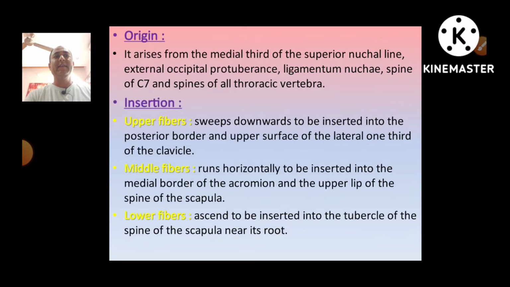The upper fibers run downwards to be inserted over the lateral third of the clavicle. The middle fibers run horizontally to be inserted over the acromion process and spine of the scapula, while the lower fibers ascend upward like this and ultimately insert over the tubercle of the spine of the scapula near its root.